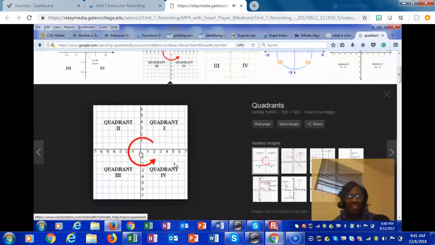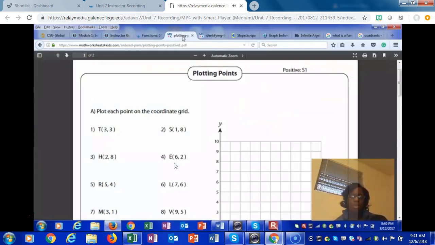Quadrant 2 has negative x's and positive y's. Quadrant 3 has negative x's and negative y's. And quadrant 4 has positive x's and negative y's. So that's just a brief intro of what quadrants are, okay? So for the exercise we were just looking at, we're just going to be working in quadrant 1.